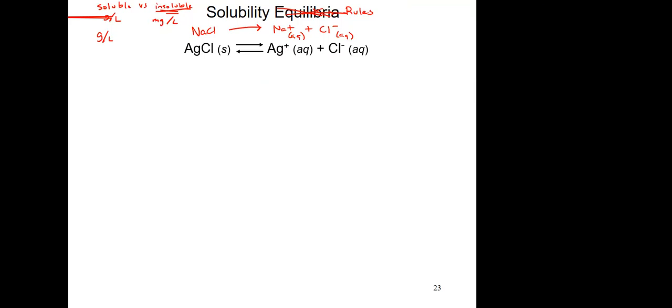One is one direction, the other one goes both ways, because NaCl is readily soluble. For the silver chloride, only a small amount of the silver chloride will dissolve. So that's the difference there. Do you get that?